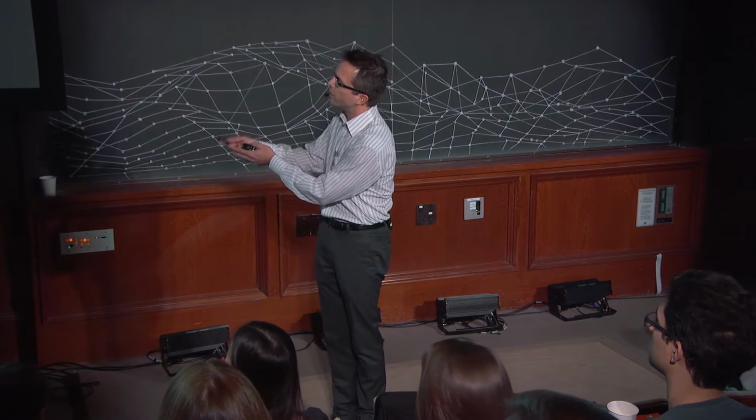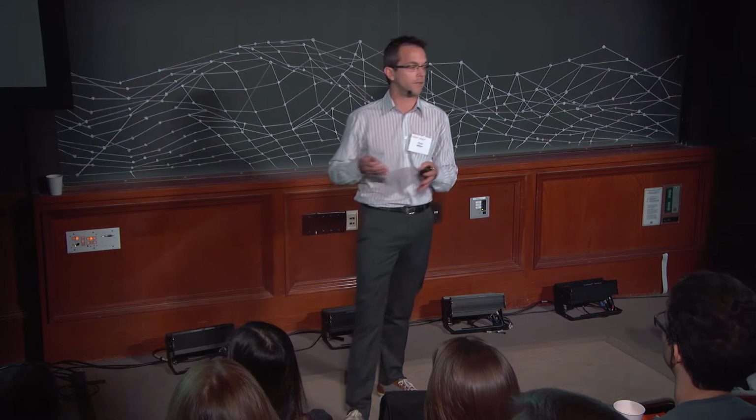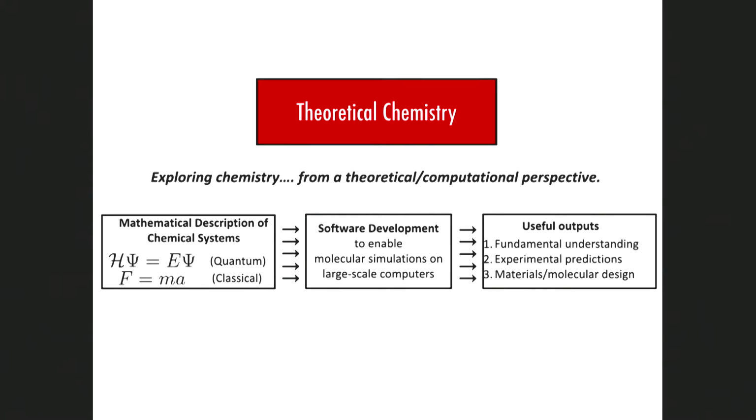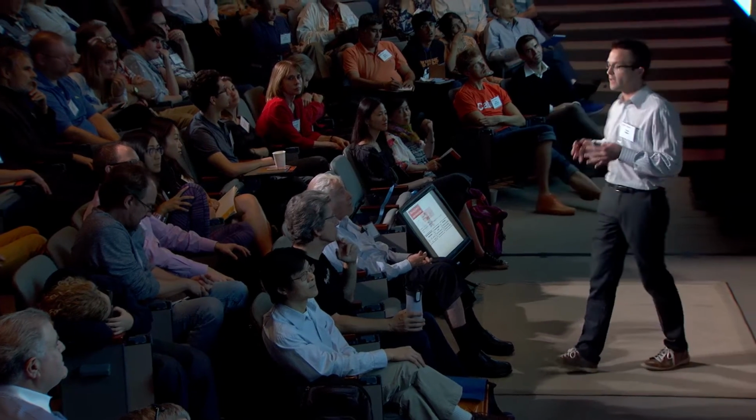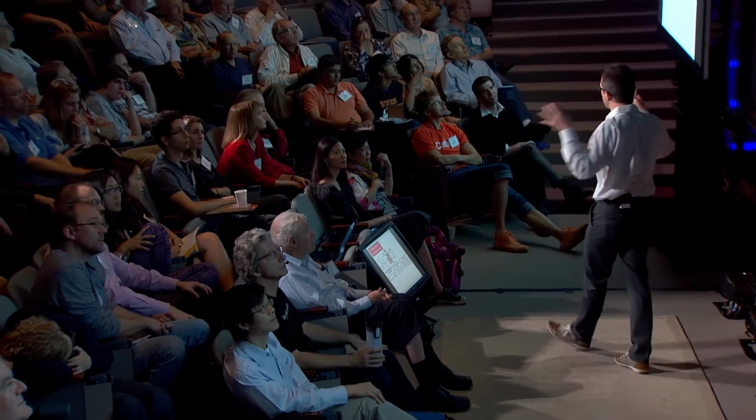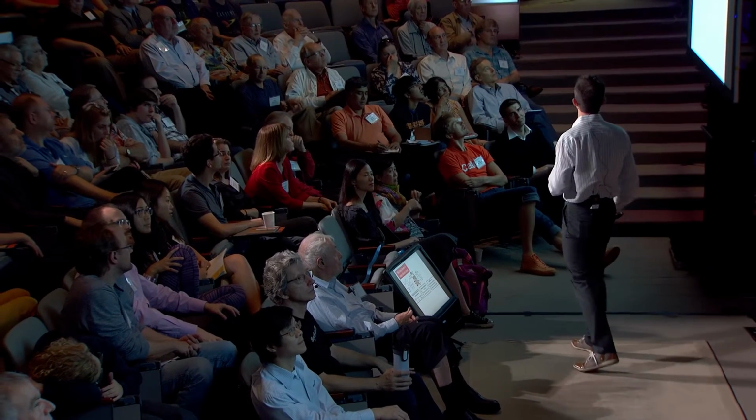And this includes not only gaining fundamental understanding in terms of what is going on at a molecular level. It involves making testable predictions based on that understanding for experimental collaborators. And in many cases, it leads to the design and discovery of new molecular systems that have real value. And this is a mode that has a really fruitful array of possibilities.